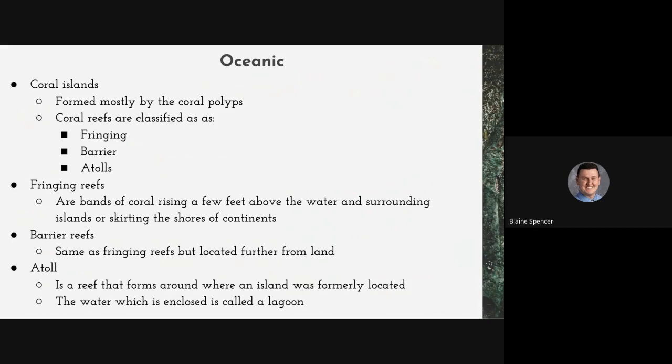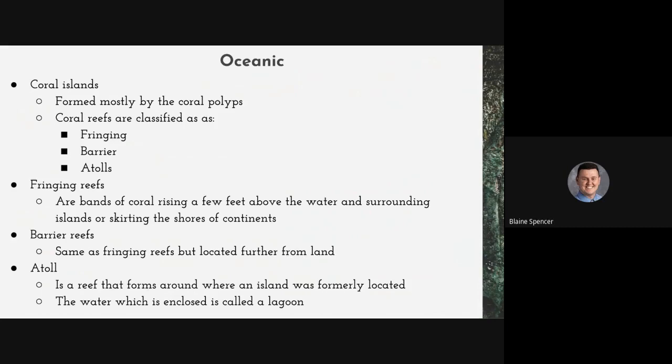And then the third type is atolls. Atoll reefs are going to be that of an island. So an island was originally there. These reefs, these coral polyps, are going to be around those islands, and then that island disappears for whatever reason.